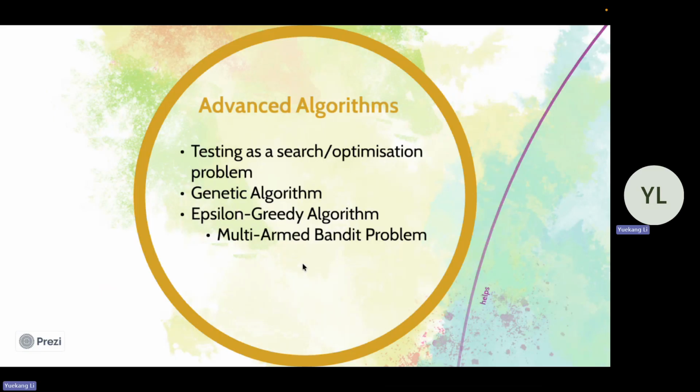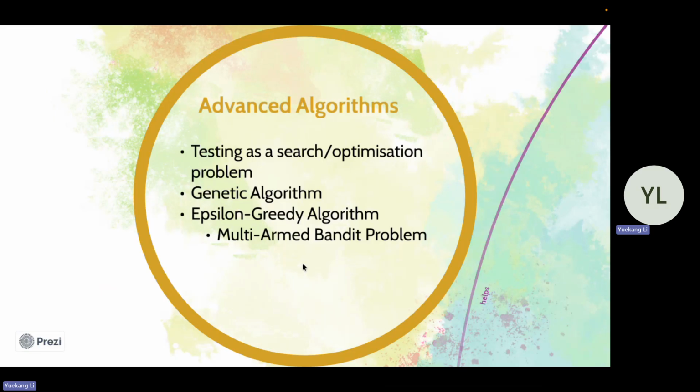And if we can model some decisions we make during testing as a multi-armed bandit problem, then we can apply the epsilon-greedy algorithm.